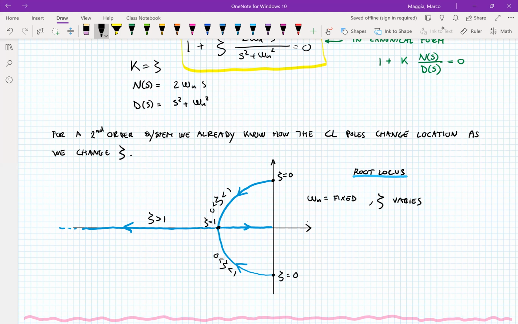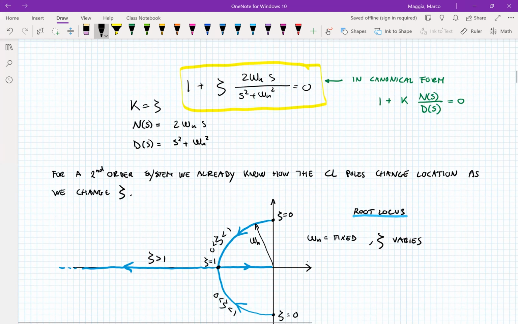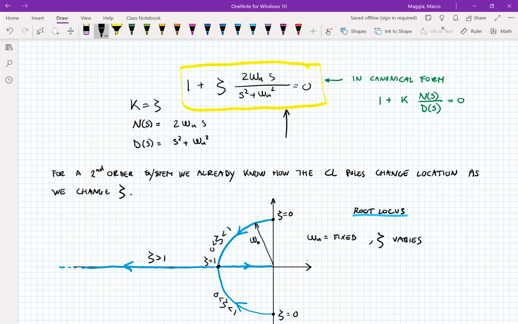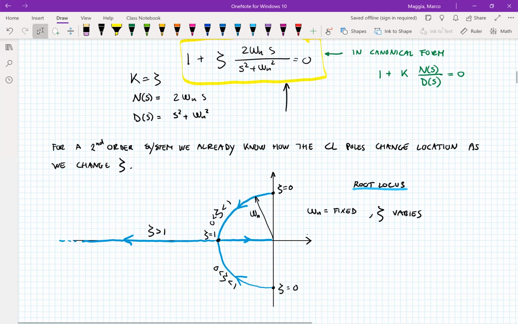And also remember that omega n for a second order system can also be thought of as the radius of the semicircle. So this is actually the root locus for a second order system written in this form over here. So we already know the answer, but we'll be able now to learn how to draw the root locus for any kind of system that can be written in the canonical form.